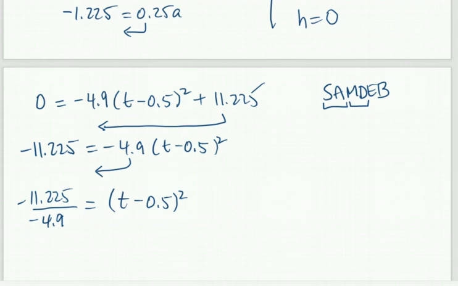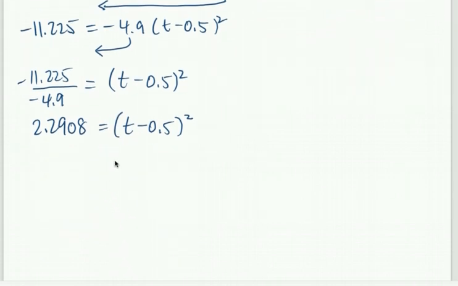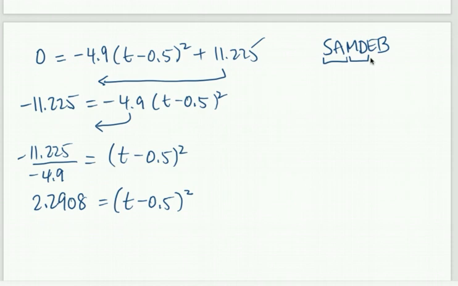Okay, so we're going to divide that, and we'll get a positive 2.2908, and it keeps going. We're almost there. Keep solving. The next thing that goes on SUMDEV is the exponent. So we're going to boot this exponent 2 over there, and it will square root on the other side.